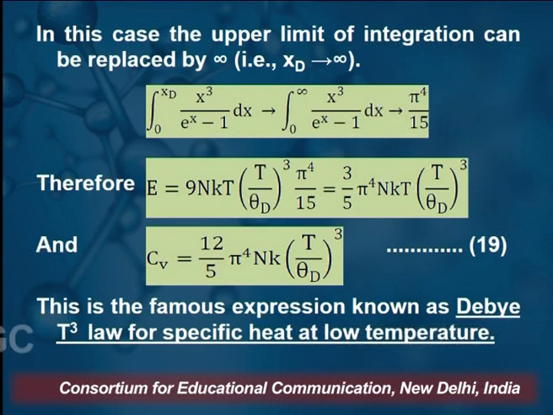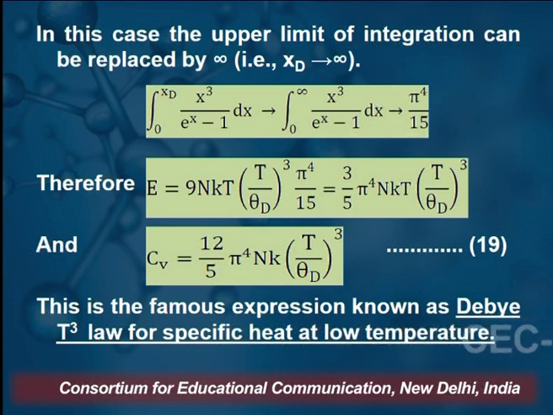Substituting, we get E equal to 3 by 5 pi to the power 4 nkT times T by theta d whole cube, or Cv equal to 12 by 5 pi to the power 4 times nk times T by theta d whole cube. That means Cv varies as T cube. This is the famous Debye T cube law for specific heat at low temperature.